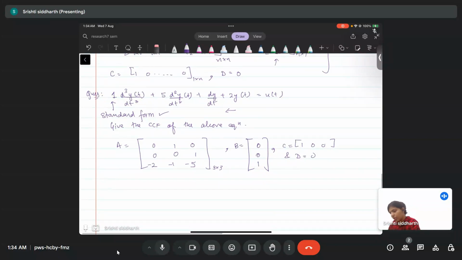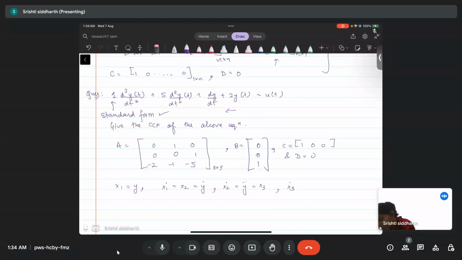So just to recall, the main point of CCF is that output is the first state. So x1 equals y, then x1 dot, which is equal to x2, is y dot. Then we have x2 dot, which is y double dot, is x3, and then we have x3 dot.